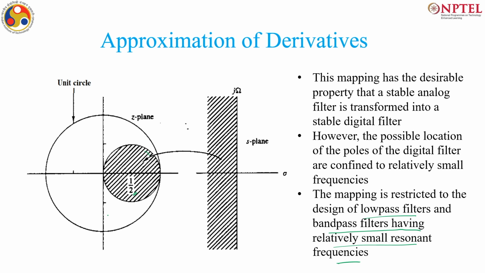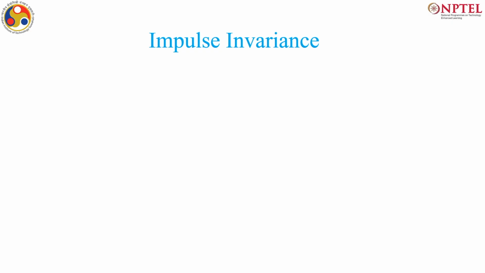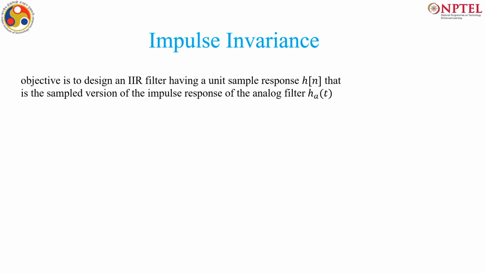So, to solve that, another method is developed, which is called the impulse invariance method. Here the objective is to design an IIR filter which is having this impulse response h of n by sampling the analog version, which is h a of t.